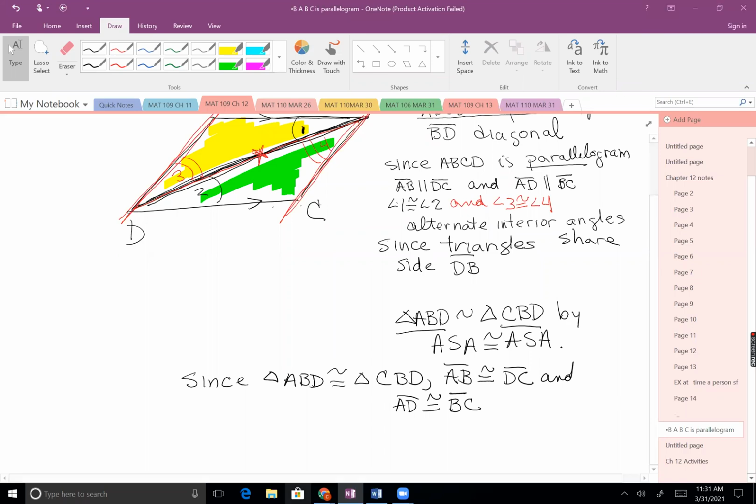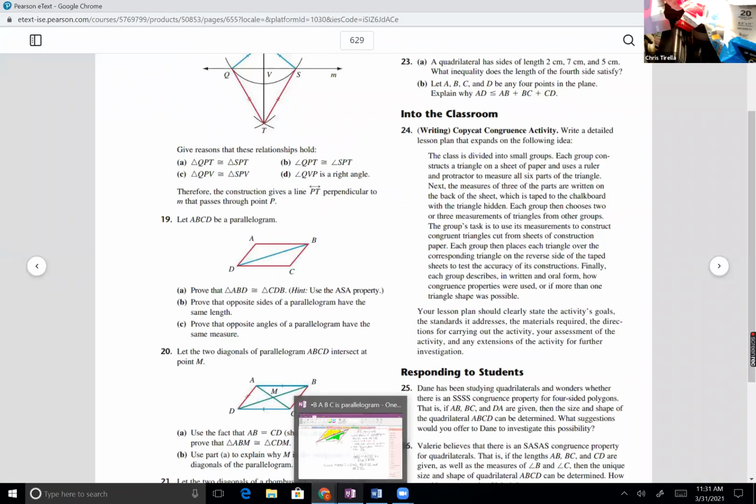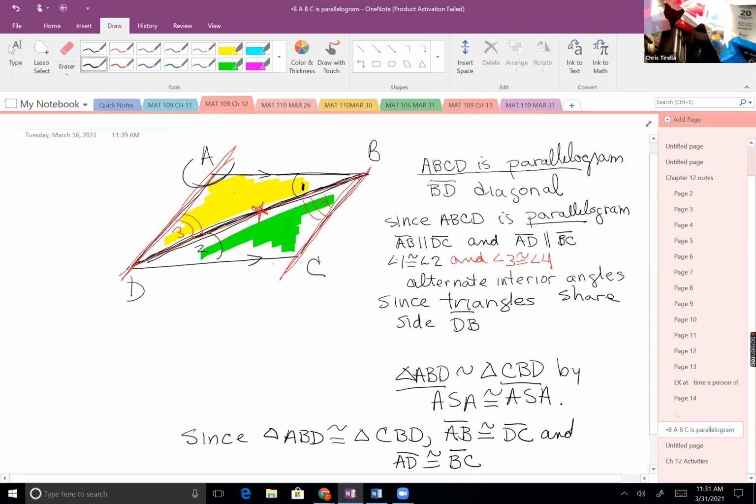Yes. And then lastly, we're asked to prove that the opposite angles are congruent. Well, since triangle ABD is congruent to triangle CBD, wouldn't that tell me that angle A is congruent to angle C?